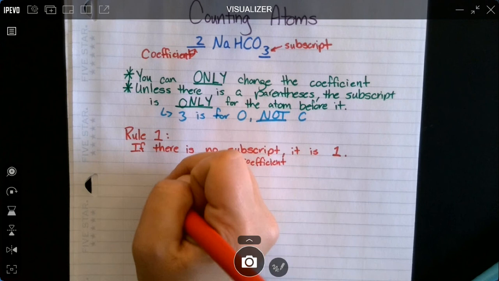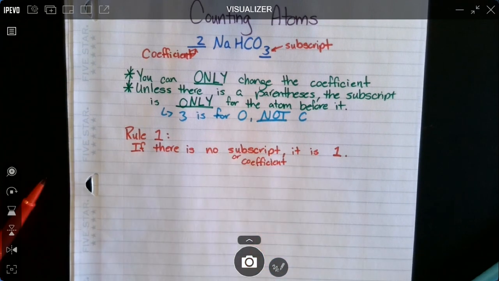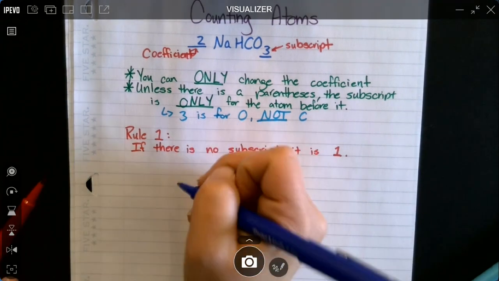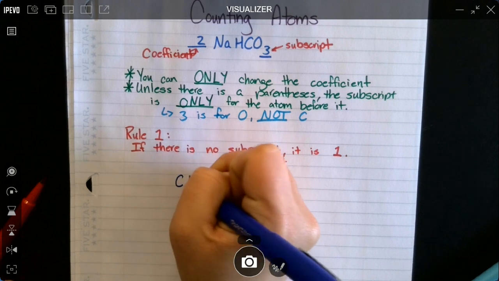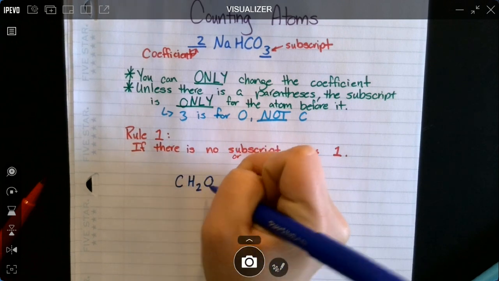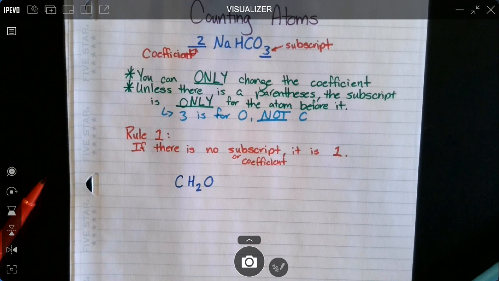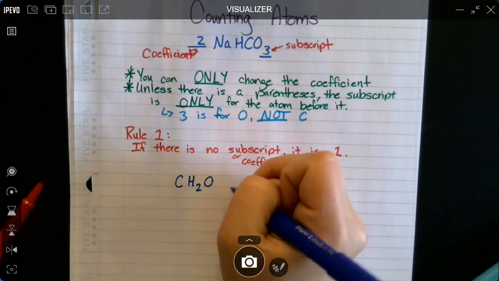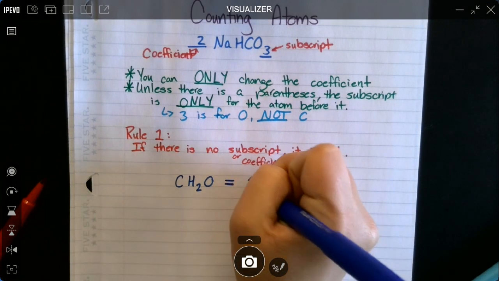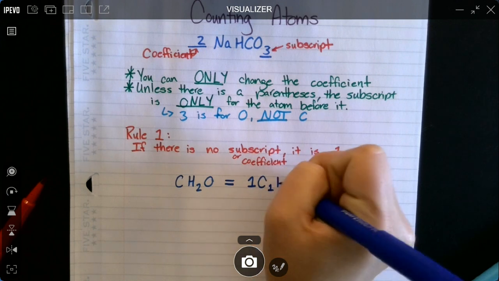So, for example, if I was to do CH2O, what this is really equal to is 1C1H2O1.